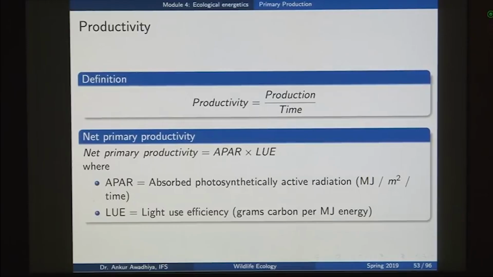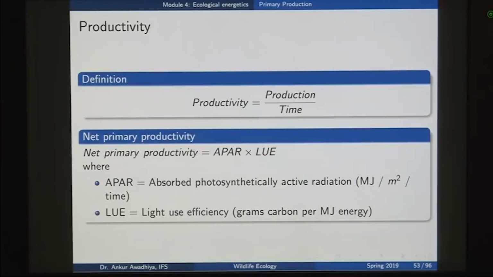It will also depend on the amount of cloudiness in that area, because clouds are able to block this sunlight. So, if an area has more clouds in a year, the APAR will be less. Now, similarly, we can compute the light use efficiency. Light use efficiency will depend on different species.